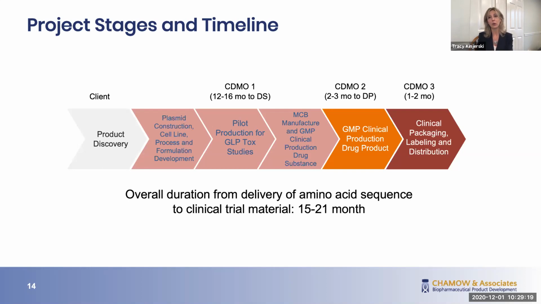CDMO1 initially right away will start cell line development, complete process development, generate tox material for the clients to use, and then move on to producing the final GMP drug substance material. The drug substance material transfers to CDMO2, where the drug product activities take place, and the GMP drug product is then transferred to CDMO3 in this scenario for packaging, labeling, and distribution for use in clinical trials.